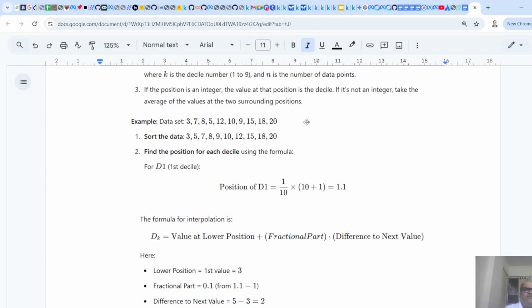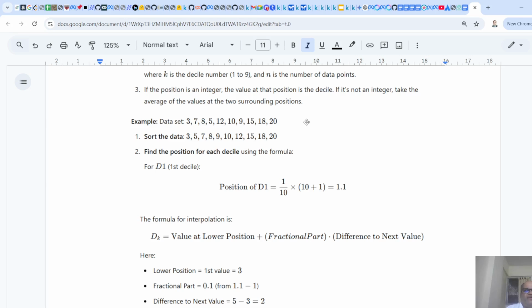If you had 20, it would have been 20% that way. So you get the position of D1 as 1.1. For Dk, this is your value at the lower position, and then you take the fractional part times the difference to the next value. In this case, the first value is 3 and the fractional part is 0.1.